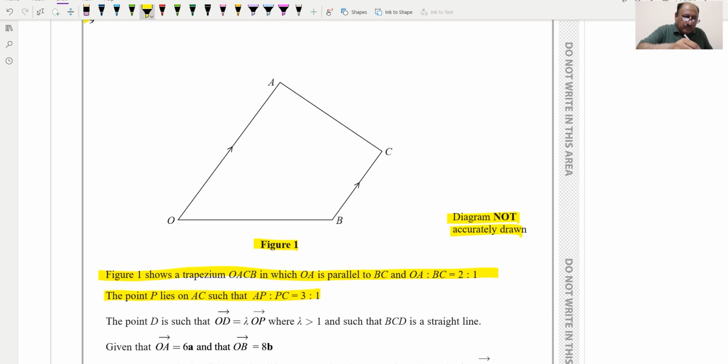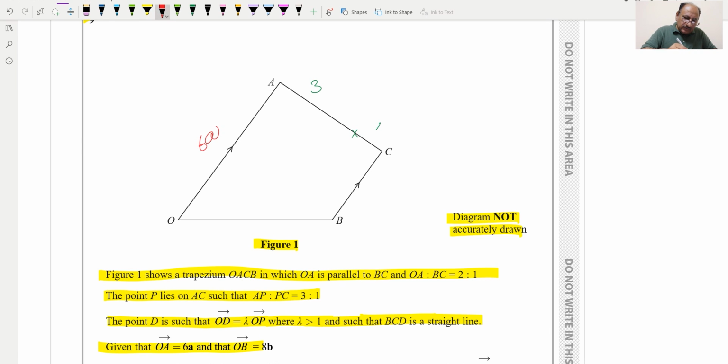So we can take a point over here, which is 1:3. Next, they're saying the point D is such that OD is equal to lambda OP, where lambda is greater than 1, and such that BCD is a straight line, given that OA is equal to 6A. So OA is equal to 6A.